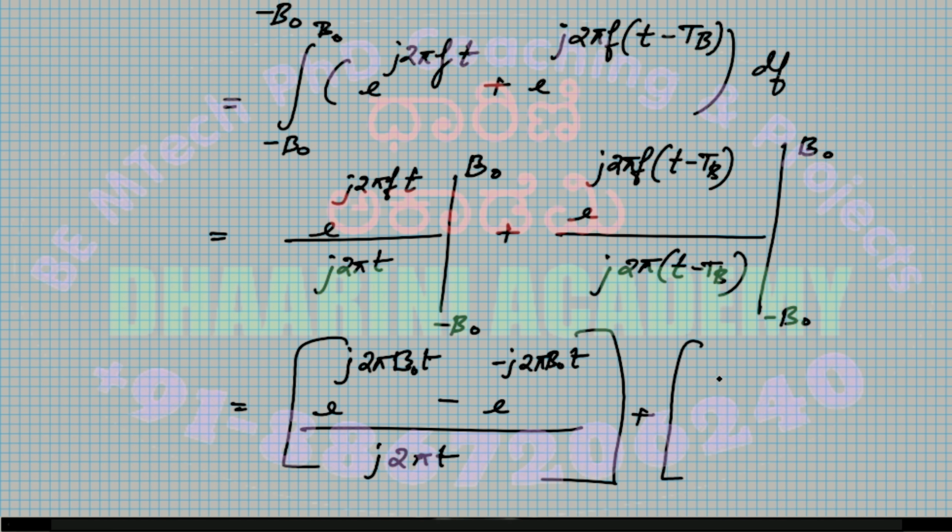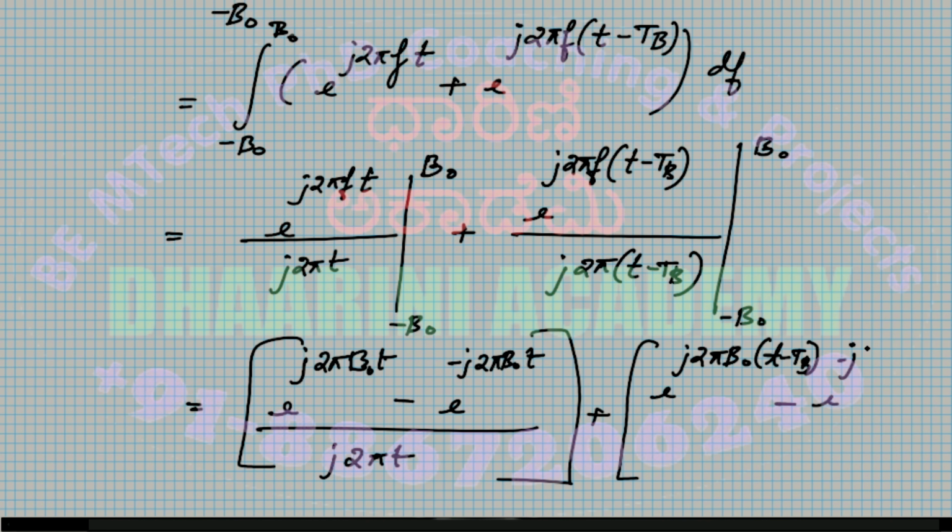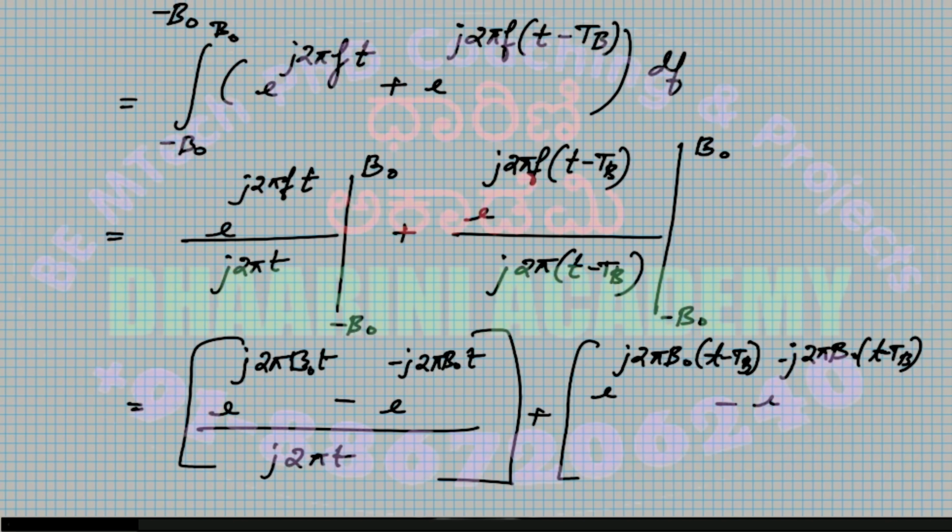This can be written as e to the power j 2 pi B naught (t minus tb) minus e to the power minus j 2 pi B naught (t minus tb), whole divided by j 2 pi times (t minus tb).